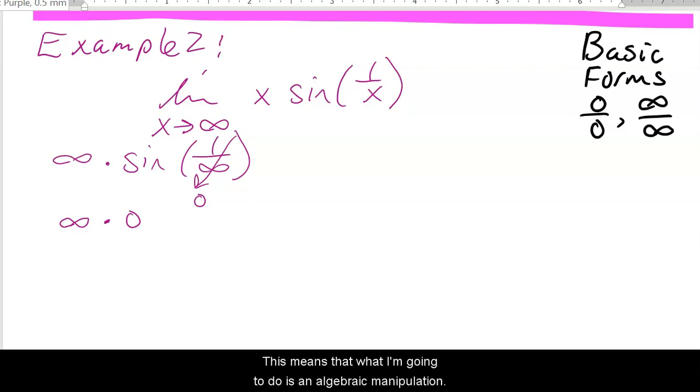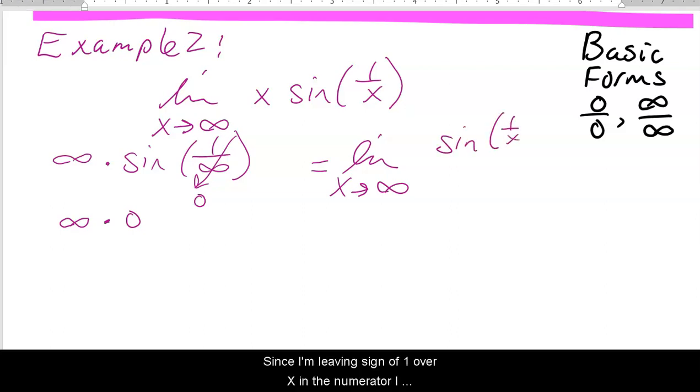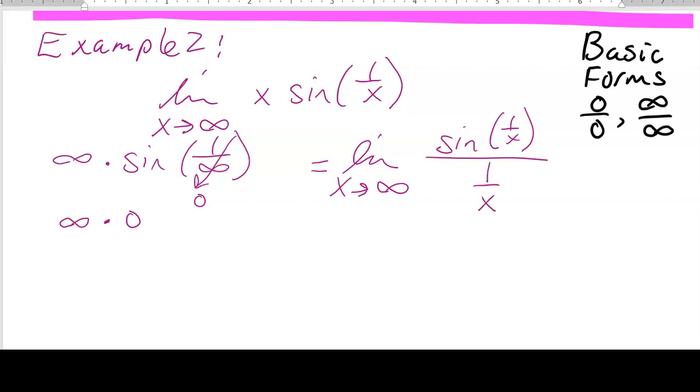So I'm going to do an algebraic manipulation where I divide by the reciprocal of one of the factors. Since I'm leaving sine of 1 over x in the numerator, I need to divide by the reciprocal of x, which is 1 over x. Remember that the denominator of the denominator is actually the numerator, and this would give us back what we started with.